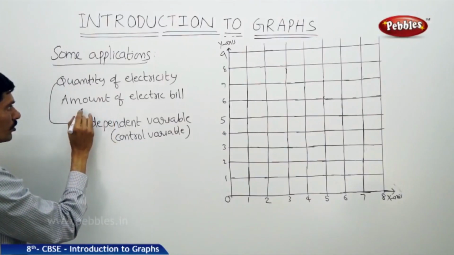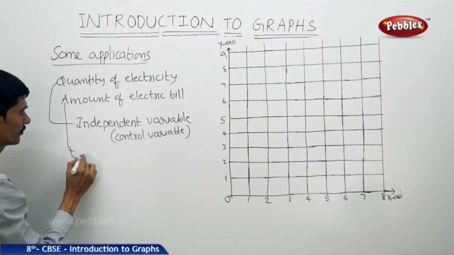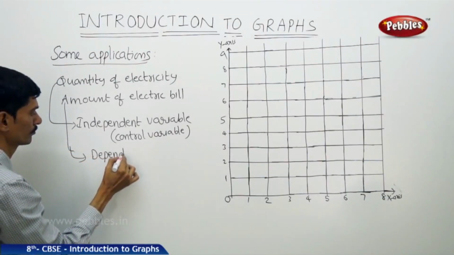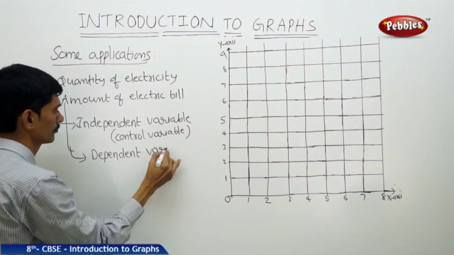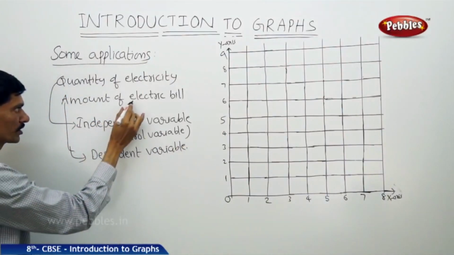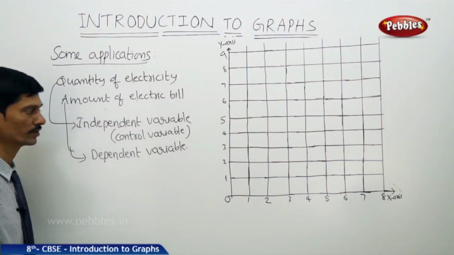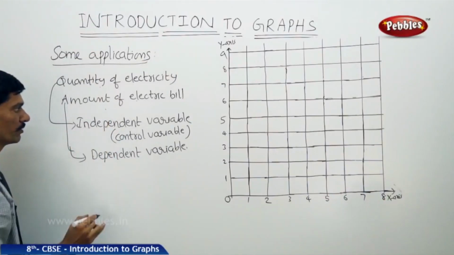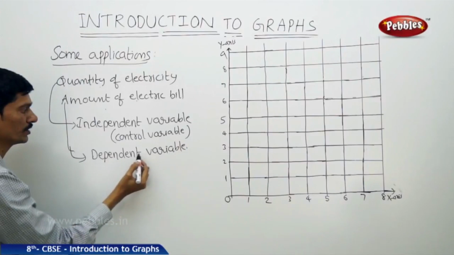And the amount of electric bill, this is called dependent variable, means the amount of electric bill actually depends on the quantity of electricity we consumed. So here the quantity of electricity is independent variable, whereas the amount of electric bill is the dependent variable.